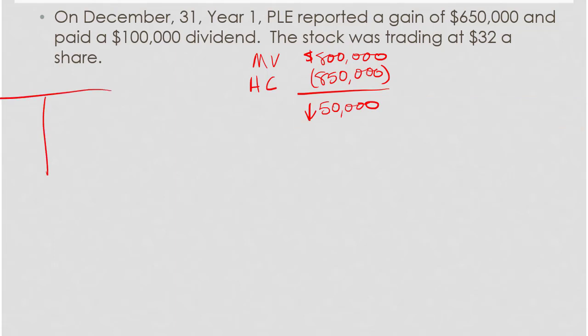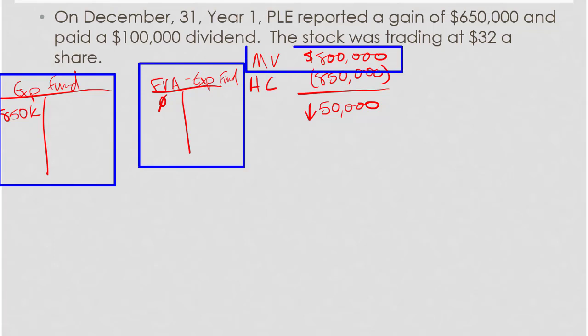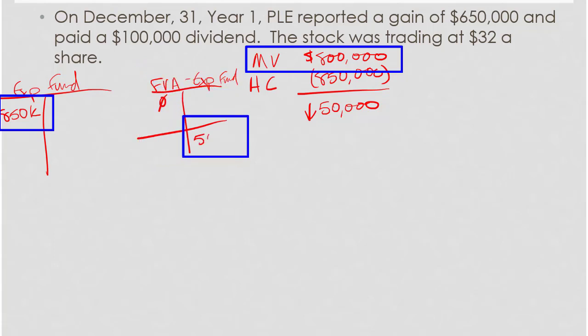Well, now I need a T account. I've got my expansion fund, which got a debit of $850,000. And I have a fair value adjustment account for this expansion fund. And we'll assume it's at 0 to begin with because we don't have any other information. We want the sum of these two accounts, this one and this one, to be $800,000. If I've got $850 over here, then I need a credit of $50,000. So that the sum of these two gives me that $800,000 market value.